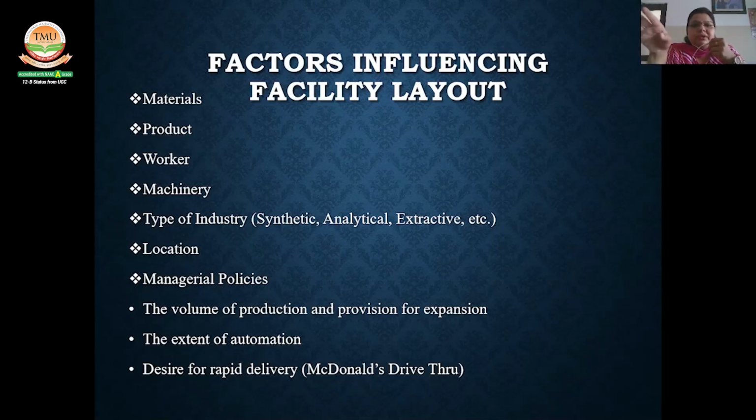If the product you have produced is not good in quality, not good in aesthetics, not good in appearance, or its features are not that good, or it can harm the consumers, it can affect the facility layout, or each and every unit of your particular production part.